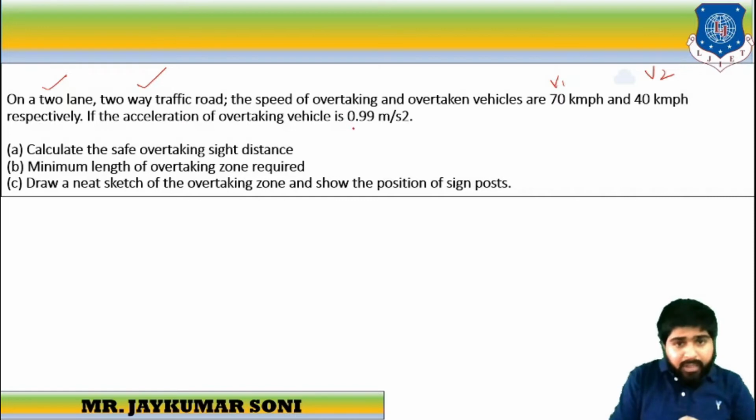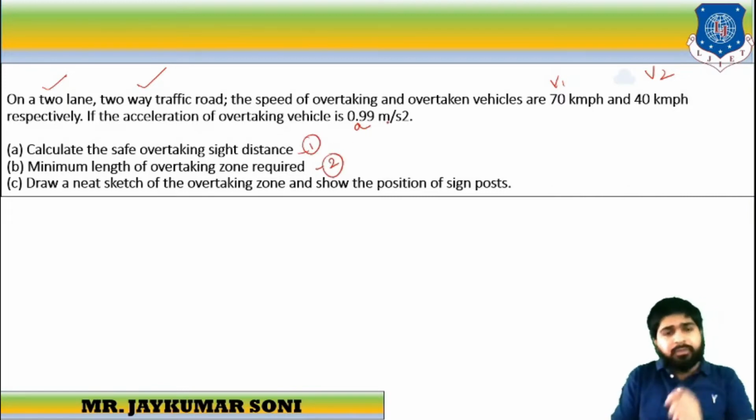The acceleration of the overtaking vehicle is also given as a. We have to calculate three things. First, the safe overtaking sight distance. Then the minimum length of the overtaking zone. And then draw a sketch of the overtaking zone showing the position of the signposts. So let us do all the things one by one.